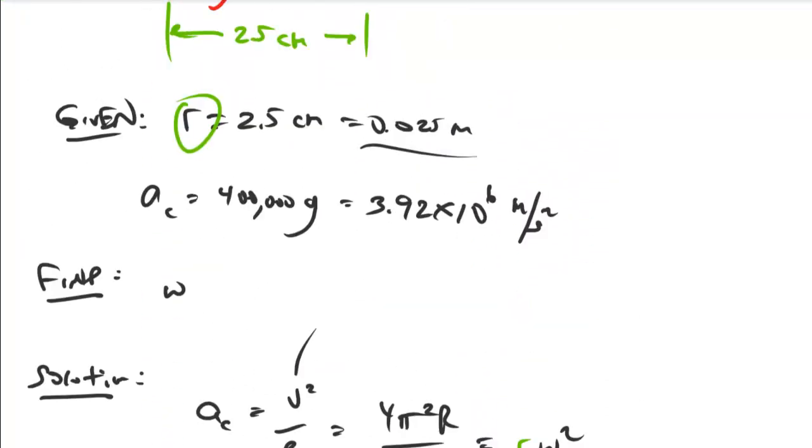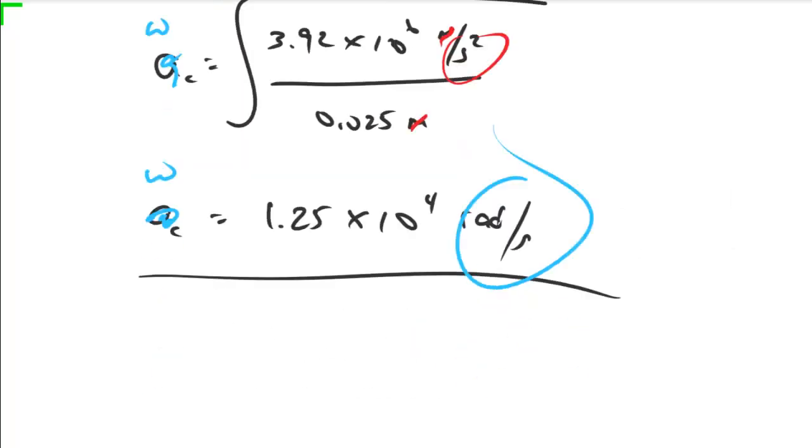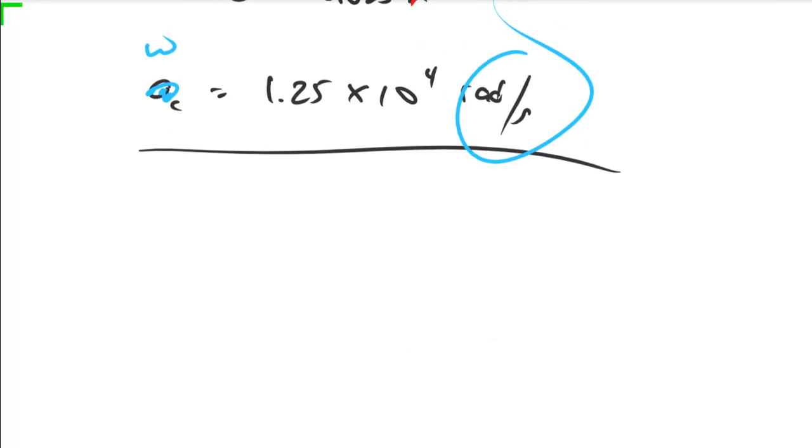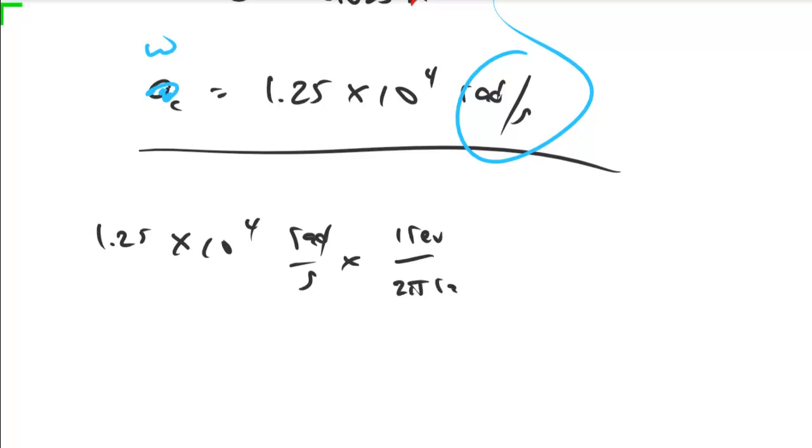They ask us to find omega in revolutions per minute, not radians per second. So we need to convert this. So we have 1.25 times 10 to the fourth radians per second times 1 revolution per 2 pi radians. Radians cancel out, and we have 60 seconds per minute.